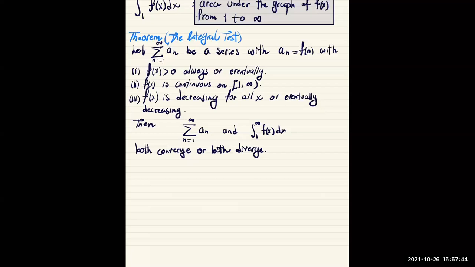The test is used to use a series to see what happens to an integral, but we are using it the other way. We are using an integral to see what happens to a series, okay? And the reason for that is because integrals are not easy to evaluate.